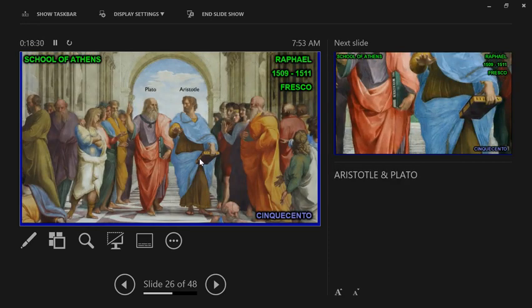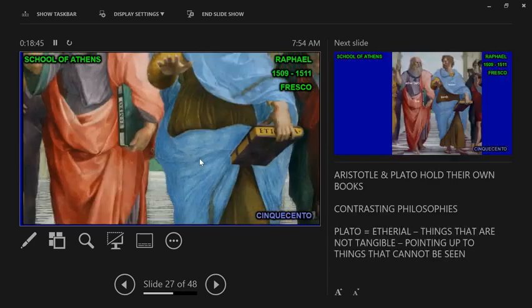In the center, the two main figures, on the left is Plato and on the right is Aristotle. Both of these are philosophers, and they are holding on to the books that they had written. And these are contrasting philosophies.